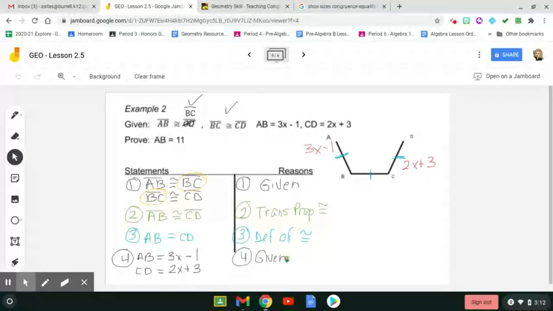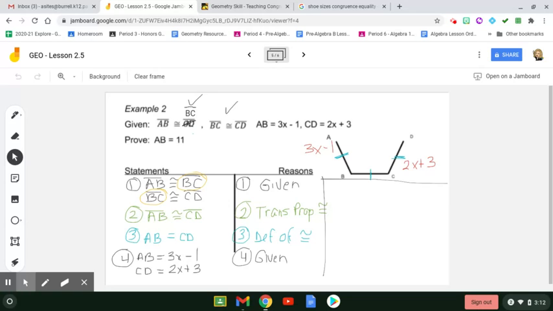All right, so now that I did all this, I'm going to move this over here just because I'm running out of room. But I know right now that AB is equal to 3x minus 1, and I know that CD is equal to 2x plus 3.